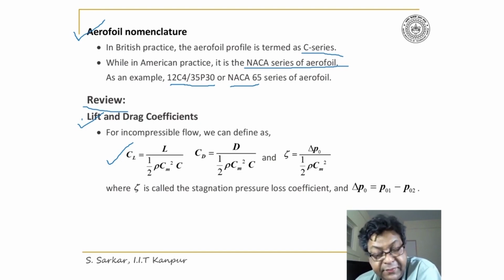Similarly, CD is equal to D by half rho Cm squared into C, and zeta is equal to del P0 by half rho Cm squared, where zeta is the stagnation pressure loss coefficient and del P0 equals P01 minus P02, which I have stated earlier as omega tilde.